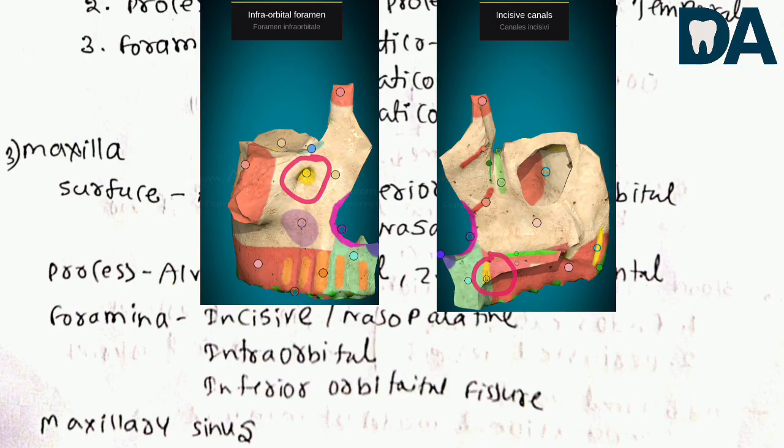Inferior orbital fissure. This is located below the maxilla and the greater wing of the sphenoid. It transmits the infraorbital nerve and vessels, emissary veins, maxillary nerve and zygomatic nerve.